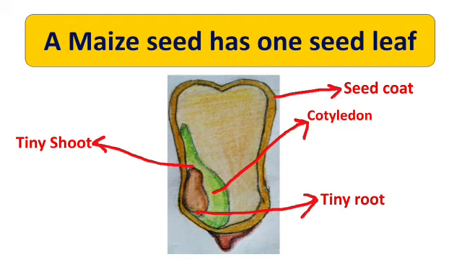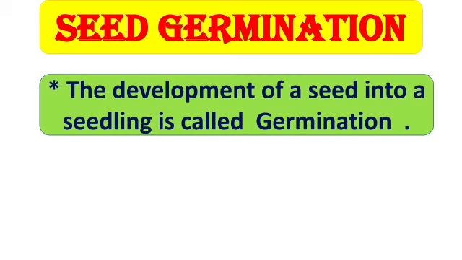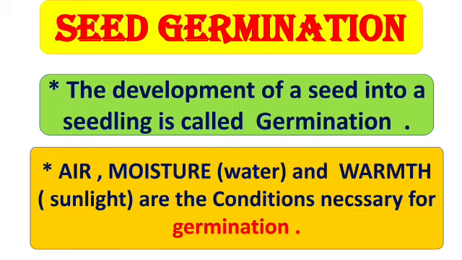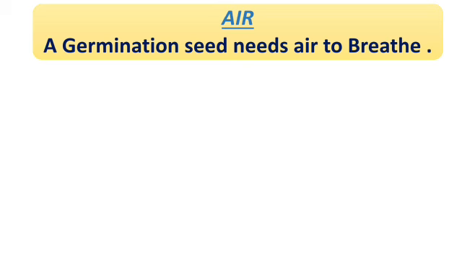Now the next topic is seed germination. The development of a seed into a seedling is called germination. Air, moisture, meaning water, and warmth, meaning sunlight, are the conditions necessary for germination. Now we will see how these conditions help in germination of a seed. Air.